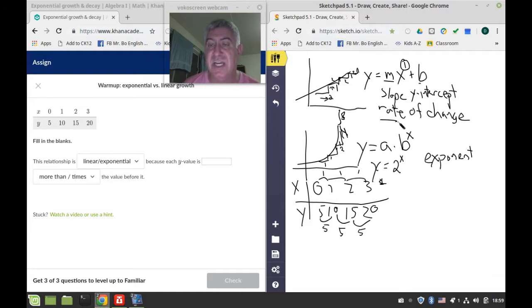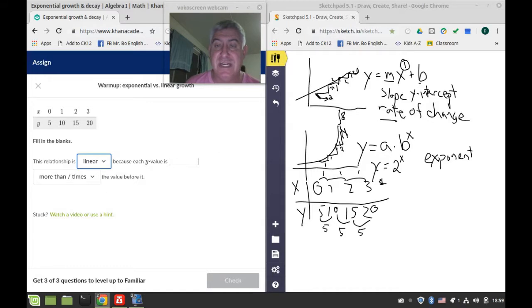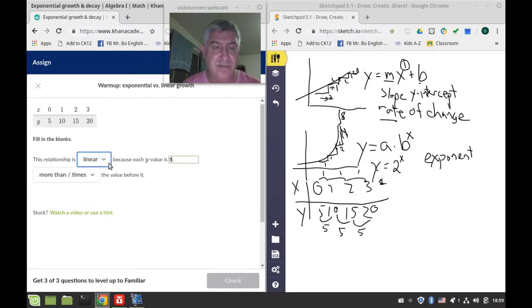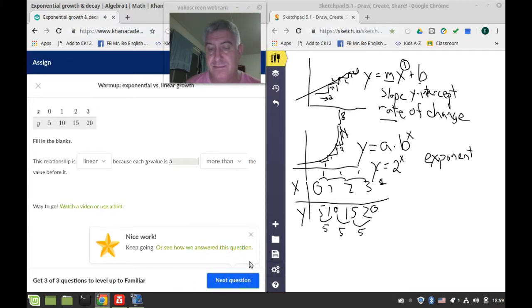So our rate of change is the same, and that means that it is a linear function. It is a line. You can see the word line in linear. Each increment is 5 more than the last one: plus 5, plus 5, plus 5.